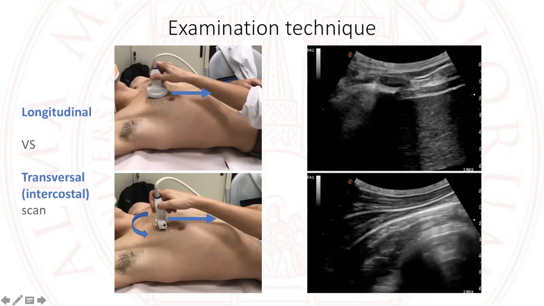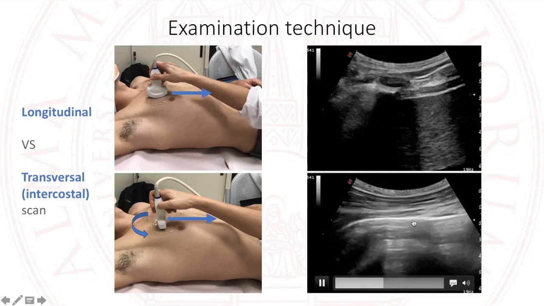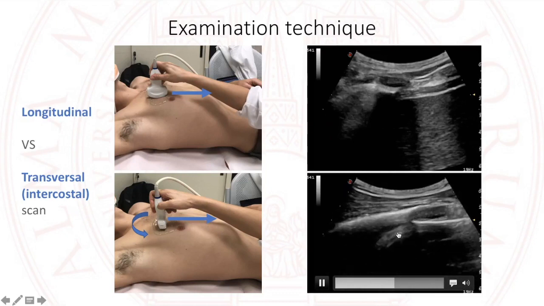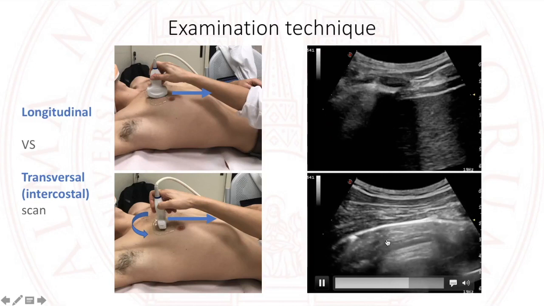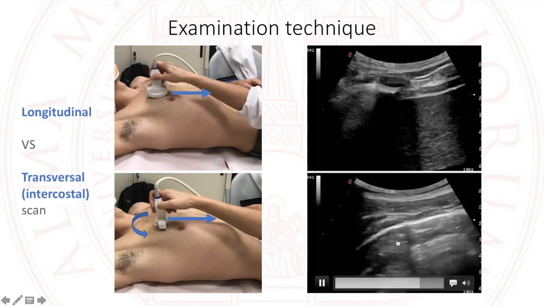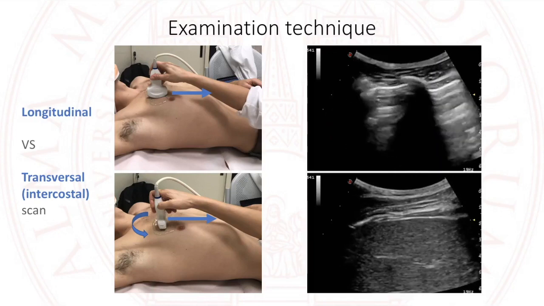Then we slide down again towards the base, looking at each intercostal space. Of course, these lines that appear sometimes is the rib itself. So again, another intercostal space, and so on, till we reach the base here.